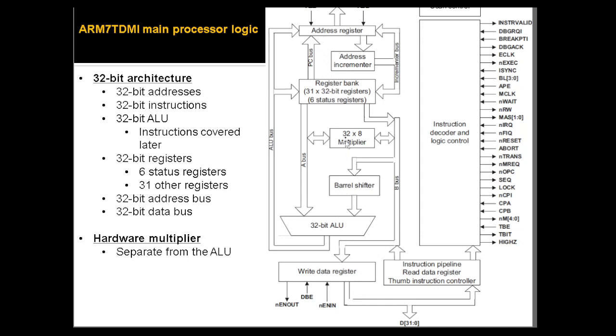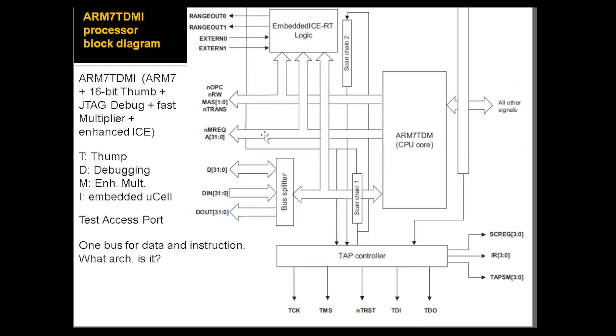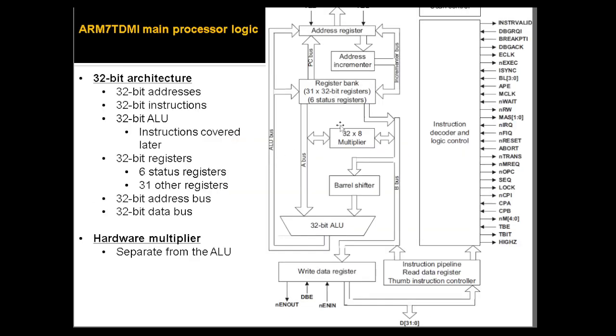And you have a multiplier, a 32 by 8 multiplier, a barrel shifter, you have a 32-bit ALU, and again you have your buses, you have your data bus, and you have an address bus, 32-bit address bus, which you can see also here. Address bus right here. So 32-bit address bus from 0 to 31, and so on.